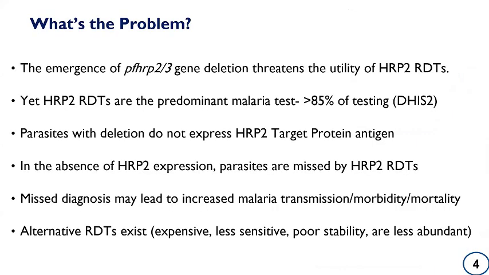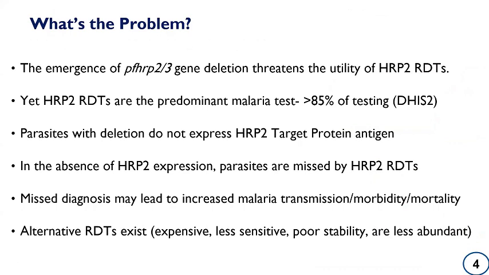What's the problem? The emergence of HRP gene deletions threatens the utility of HRP2 RDTs, which are the main diagnostic tools used for malaria testing in sub-Saharan Africa. And yet, HRP2 RDTs are the predominant malaria tests. Of course, more than 80% of testing is done with these tests.